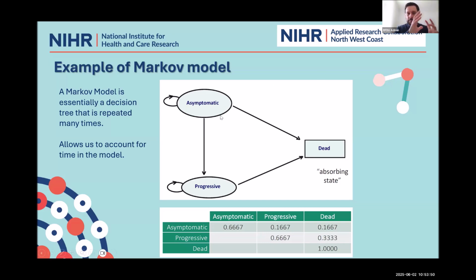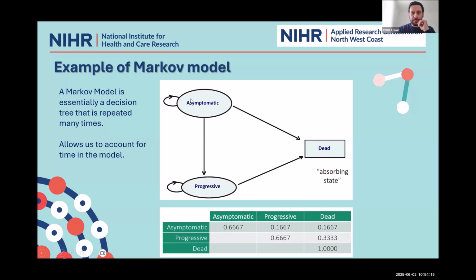So rather than thinking about these different branches, we can consider simply different health states: whether people are asymptomatic, whether they develop a progressive condition, or whether they die. This is a very simple Markov model where you have these three health states, and you consider your study population at different periods.